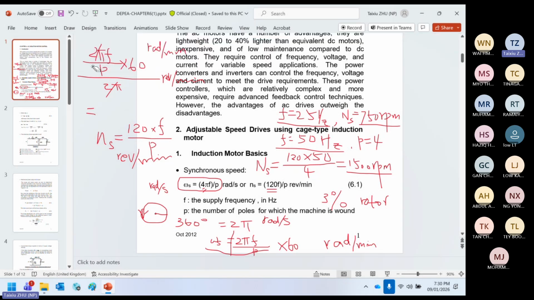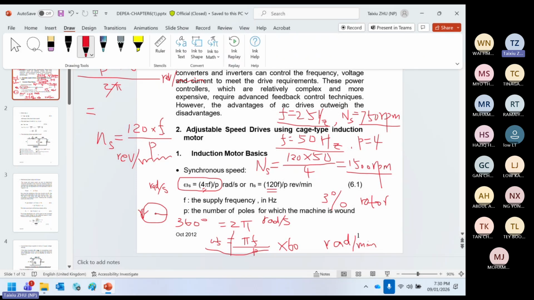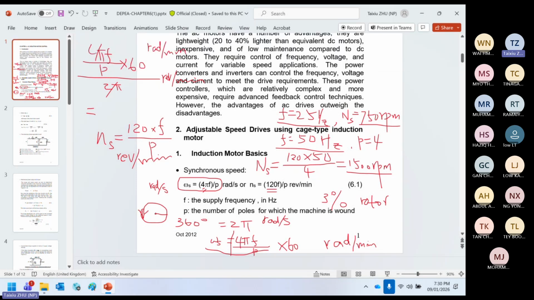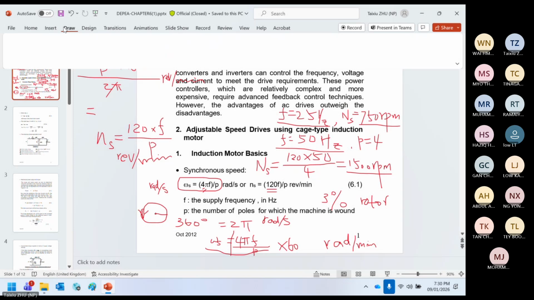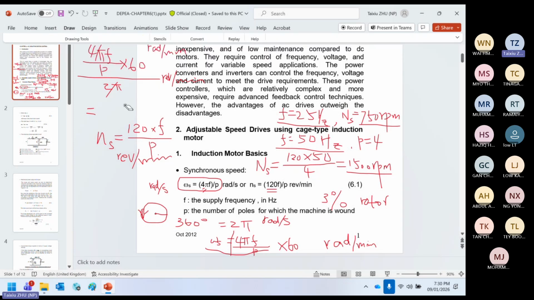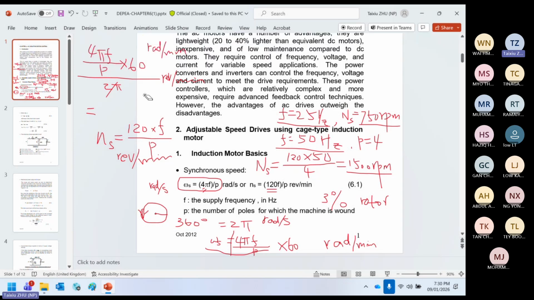So this is a 4 pi f, not 2 pi f. So here it's 4 pi f.